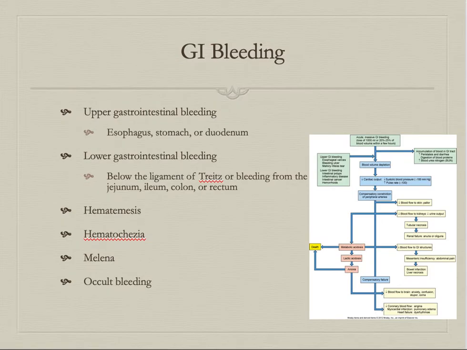All right, so GI bleed. We know that GI bleeding can occur everywhere from mouth to anus, and we just have this random split between upper GI and lower GI. Upper GI is typically the esophagus, stomach, or duodenum, and those are caused by various things. And then lower GI bleeding is also caused by various things. So some terms here: hematemesis means that you are vomiting blood.